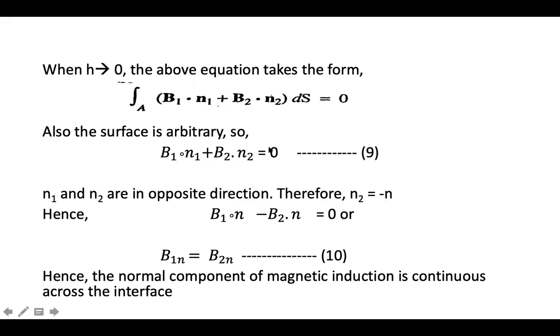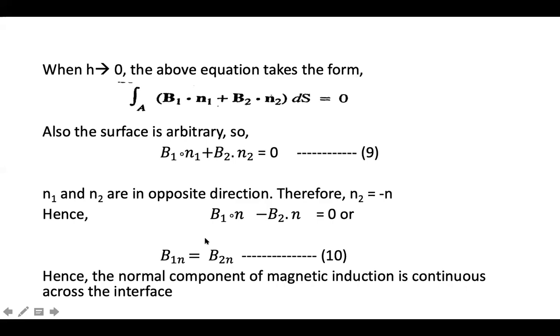Hence, we can change equation 9 like this: B1 dot n minus B2 dot n is equal to 0, or B1n is equal to B2n. Hence, the normal component of magnetic induction is continuous across the interface. How do you say continuous or discontinuous? Because B in the first medium is equal to B in the second medium.